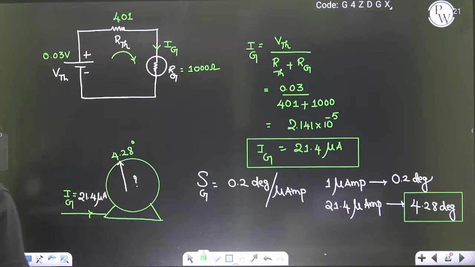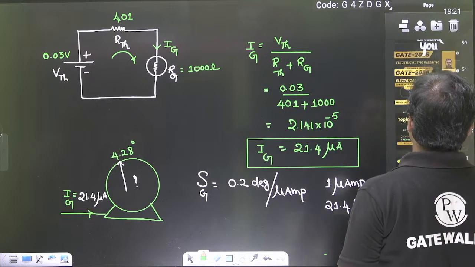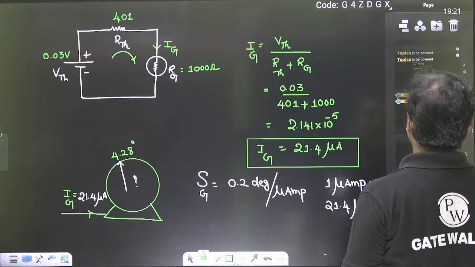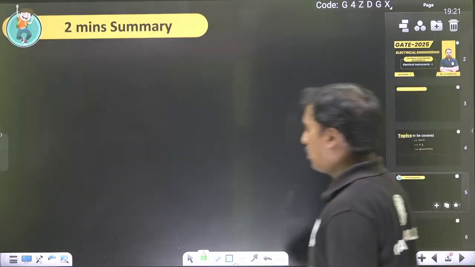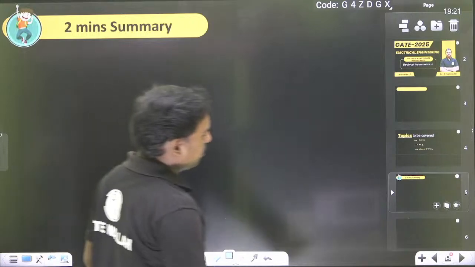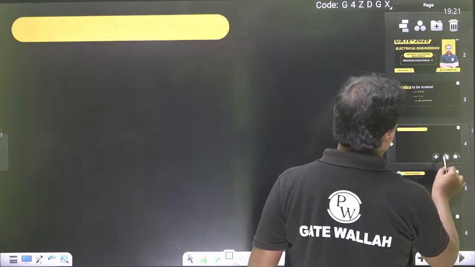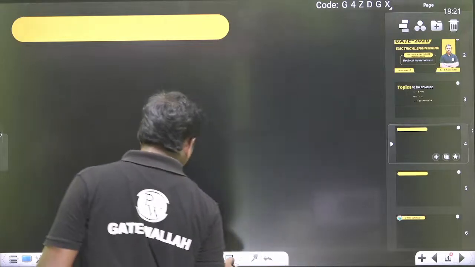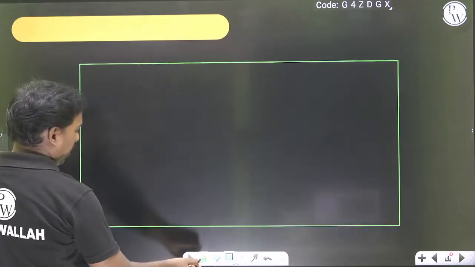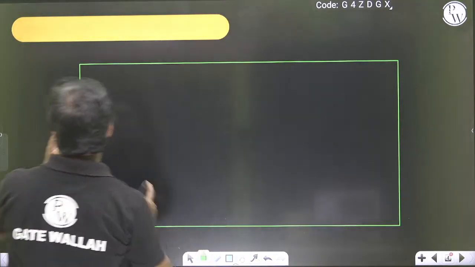Okay. Now let us go to today's topic, that is measuring instruments. As part of measuring instruments, majorly in our syllabus we have the PMMC. So let me talk about these measuring instruments in a table. Important formulae, let me write here.